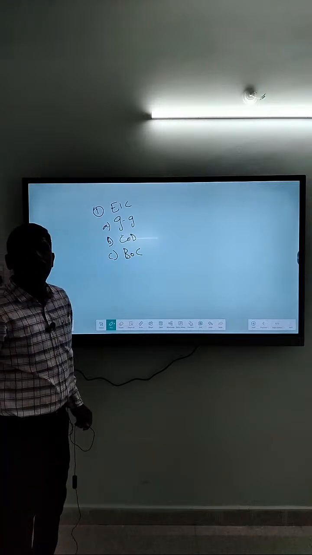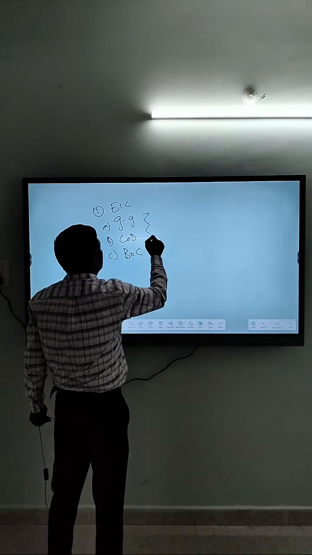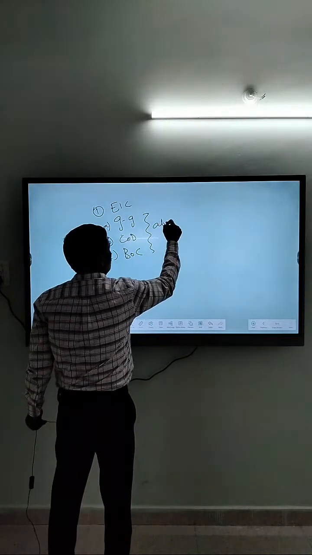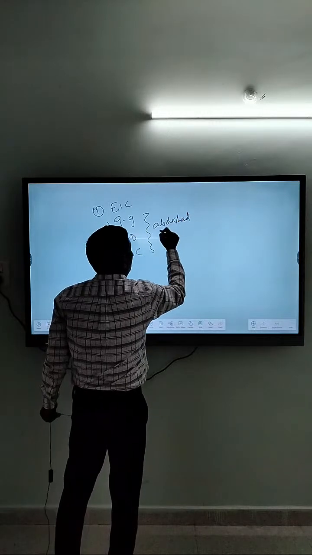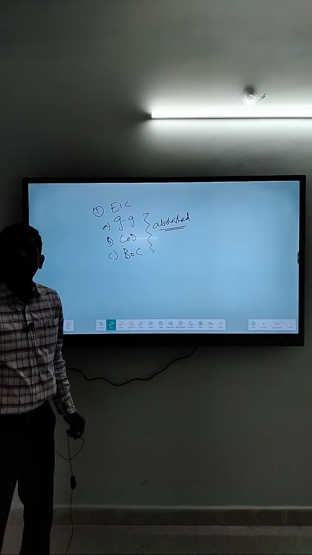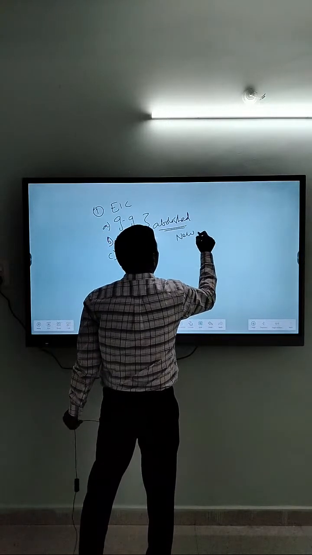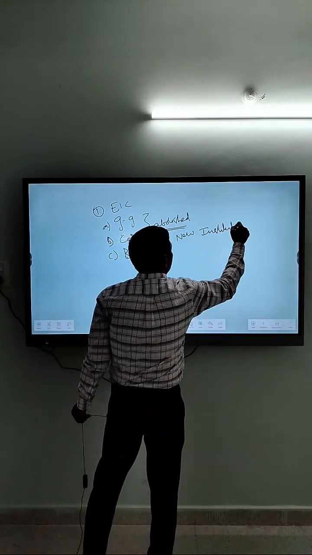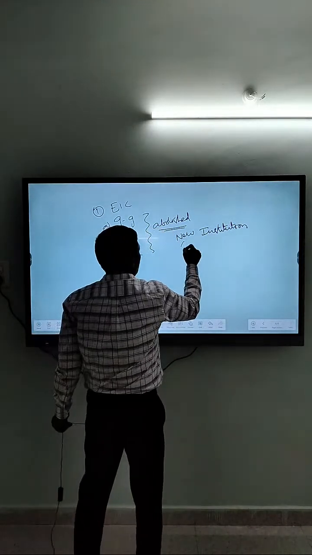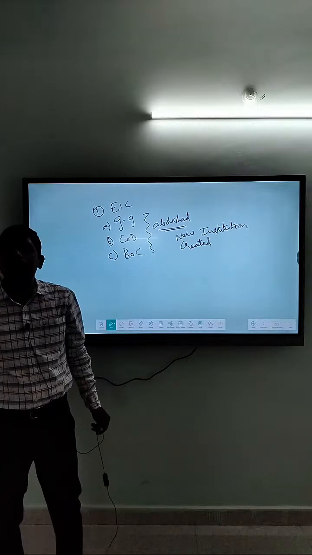By the 1858 Act, all these institutions were abolished, and in place of them new institutions were created. So what are these new institutions?